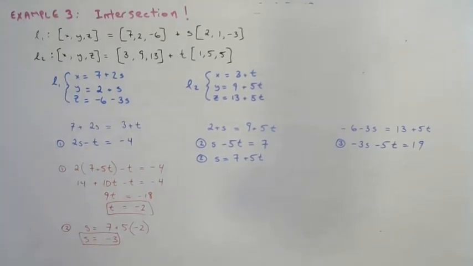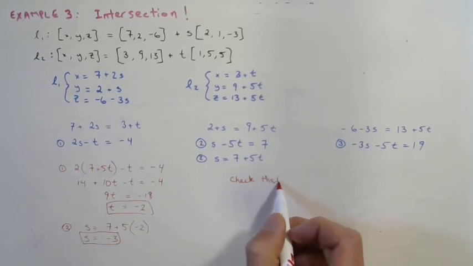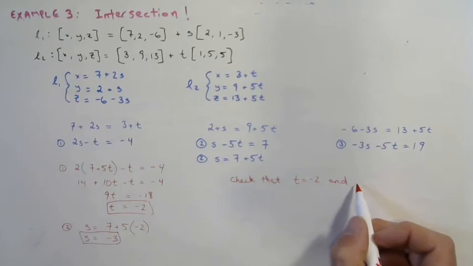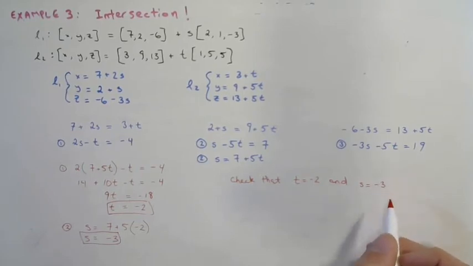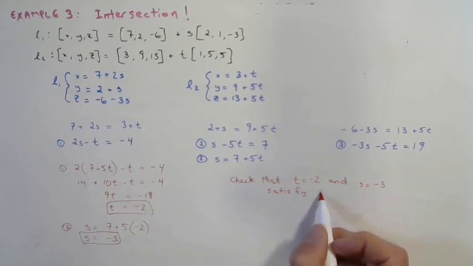Now I take this value of t and this value of s, and I've used equations 1 and 2 already, so I'm going to sub them into equation 3. I'm going to check that t equals negative 2 and s equals negative 3 satisfy equation 3.